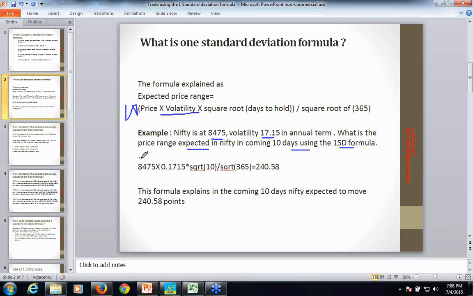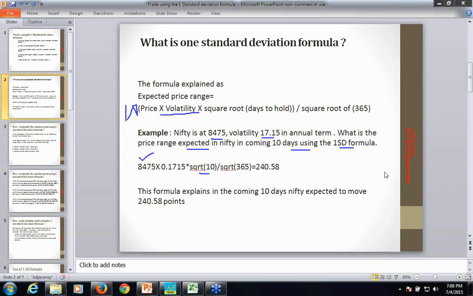That is 8475 multiplied by 0.1715, multiplied by the square root of 10, and the entire thing divided by the square root of 365. That gives you 240.58.